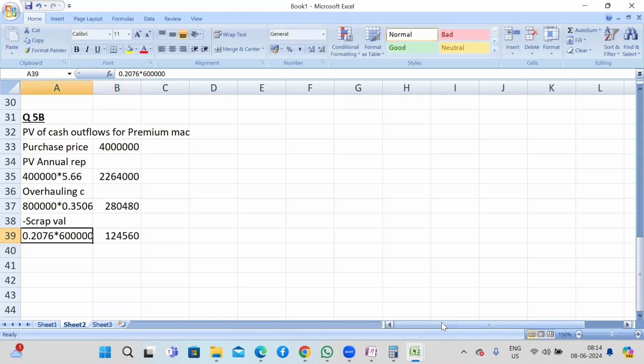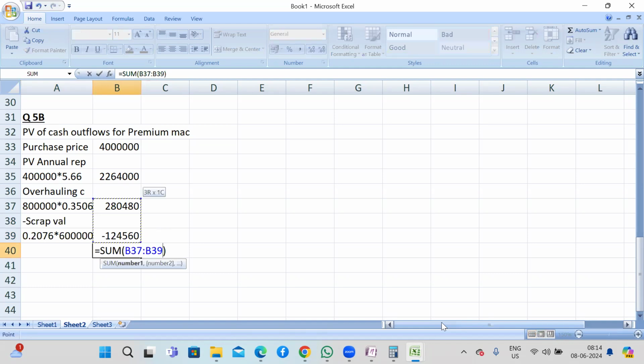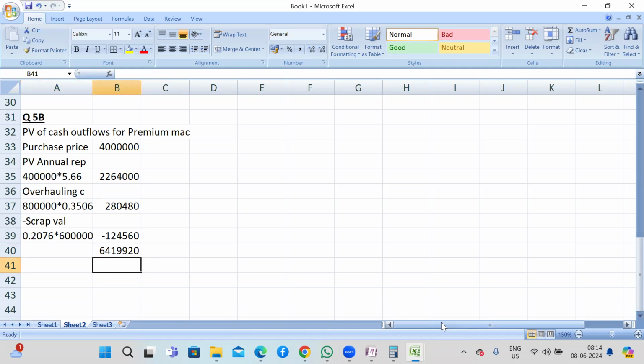So this is an income for me, so I want to reduce this. Together I will be having 64 lakh 19,920.